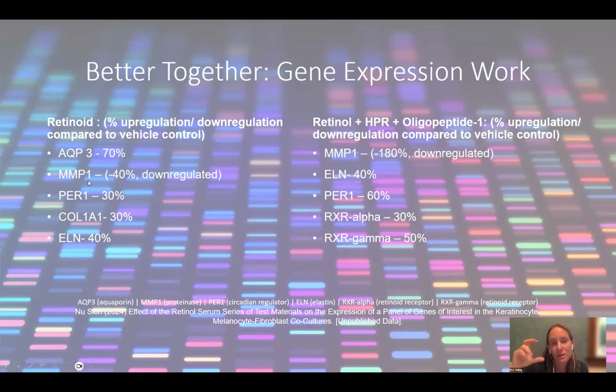MMP, we've talked a little bit about that and how it degrades the collagen and elastin in the skin. There was a 40% downregulation of MMPs, which is the direction that you'd want those to go. This PER1 gene is a circadian rhythm regulator. Circadian rhythm is kind of like your sleep-wake cycle. And so you might wonder why this is important.